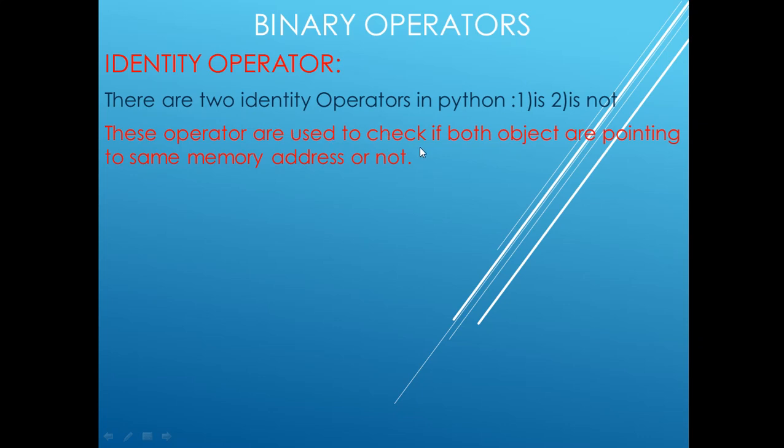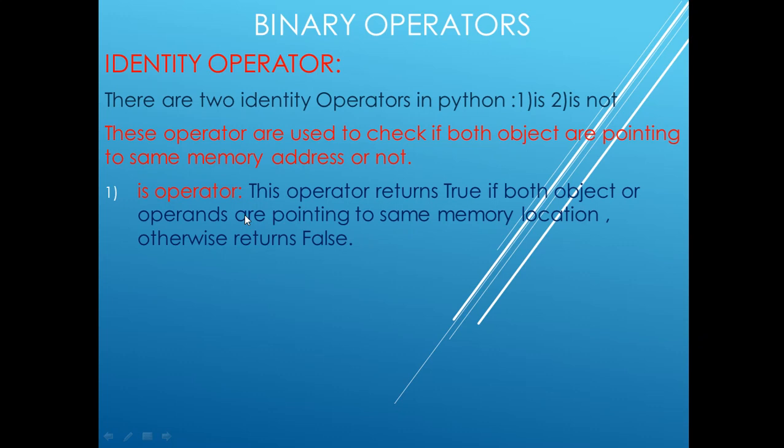These operators are used to check if both objects, meaning the variables, are pointing to the same memory address or not. The variables are referring to the same memory location or not, and accordingly it will produce the result.